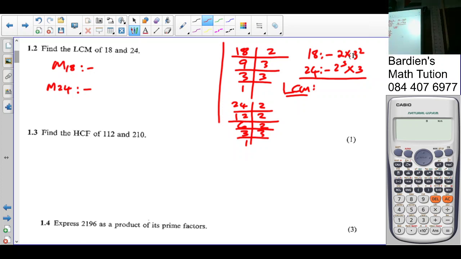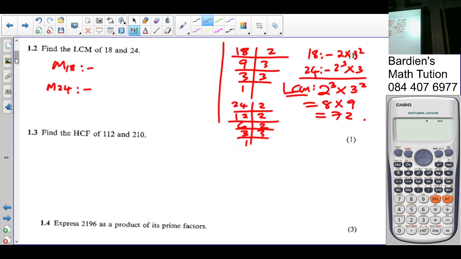So for 2 the highest exponent is 3. Sorry about my voice. For 3, the highest is going to be 3 squared. So 2 cubed is 8, 3 squared is 9. That gives you an answer of 72. That is one way of doing it.